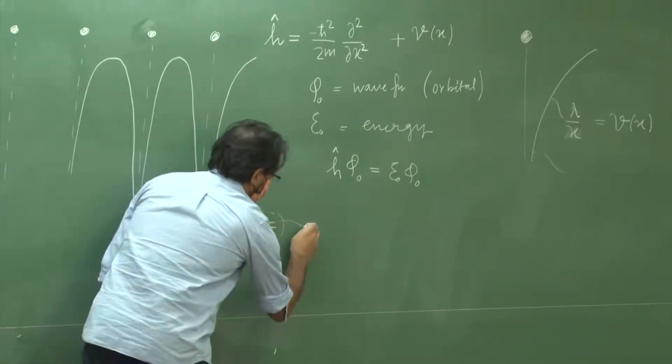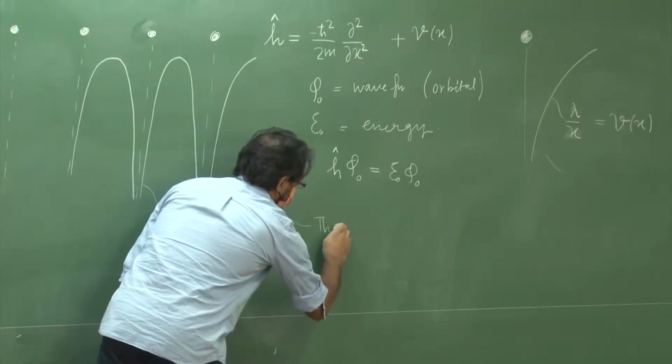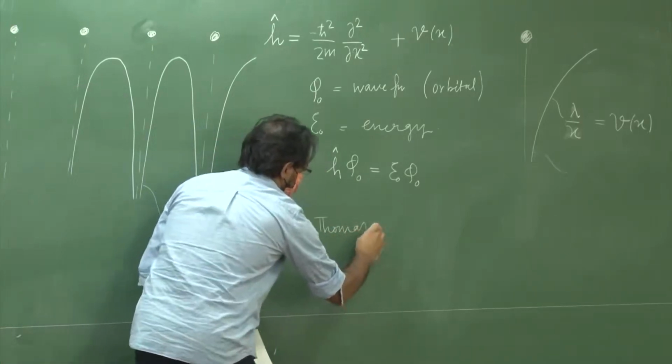This is known as the Thomas-Fermi screening distance or something like that.